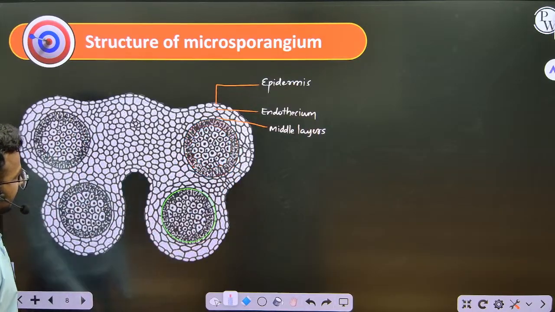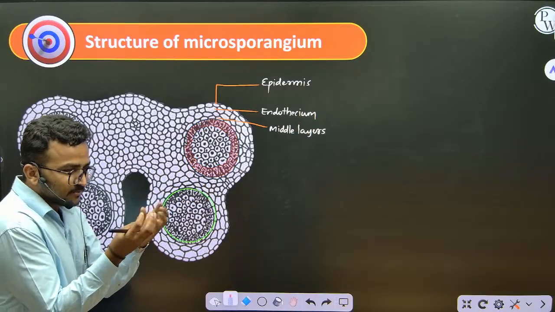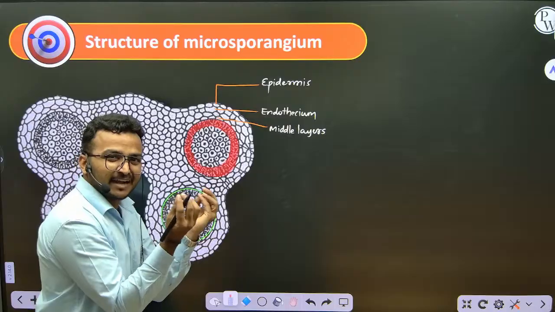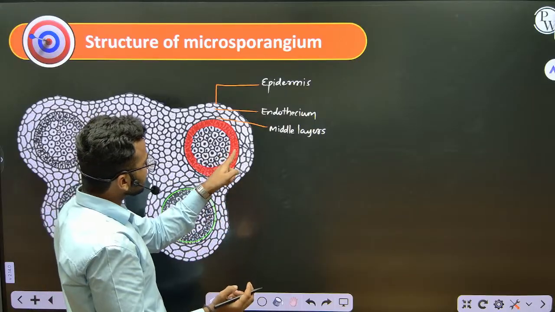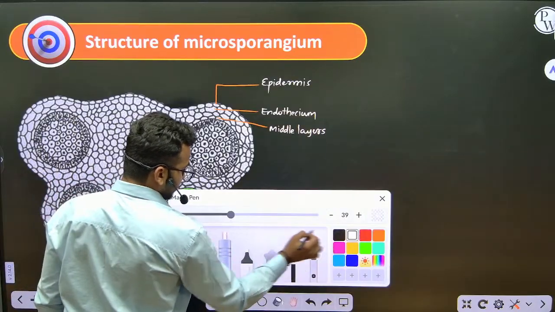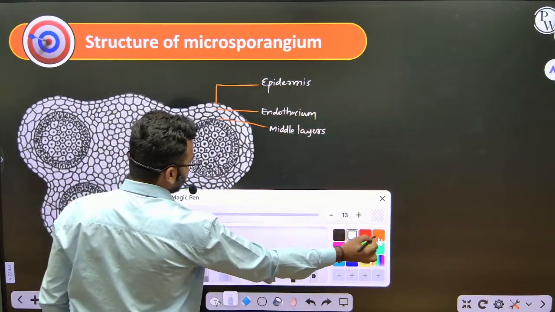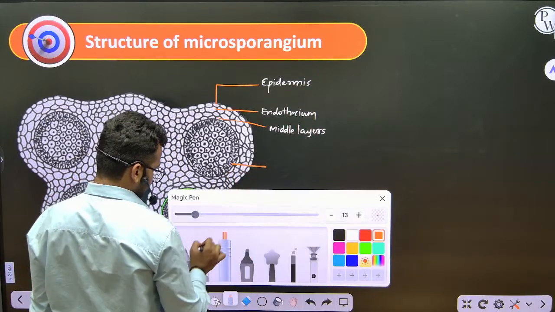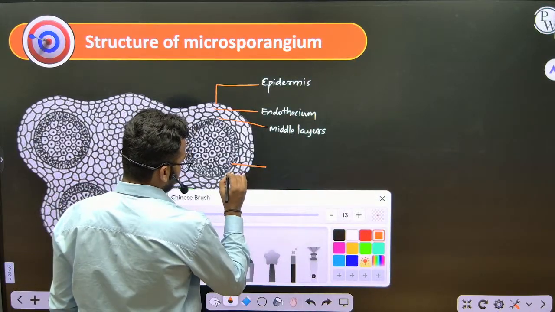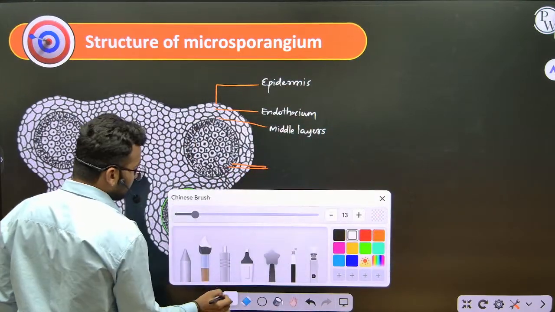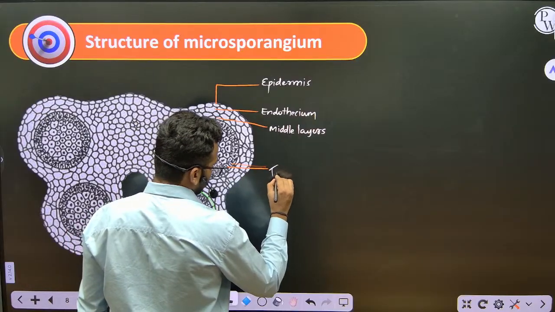It has some granules within it, which makes it appear somewhat clumpy. That layer is nothing but the tapetum layer.